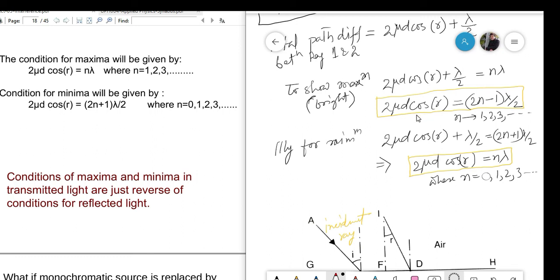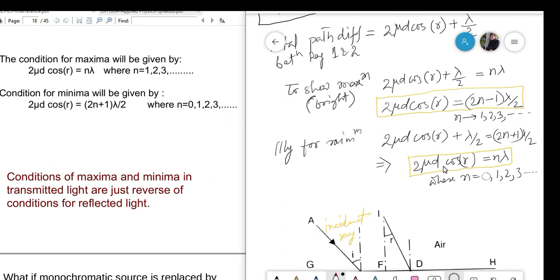So given a thin film, either the condition for the maximum or the condition for the minimum would be satisfied. And that's why for a parallel thin film, when monochromatic light falls on it, either we'll see that the surface of the parallel thin film is illuminated with the same color, that means the wavelength, or it will be completely dark, meaning minimum, no light. There is a complete destruction of light due to the interference of the reflected light.